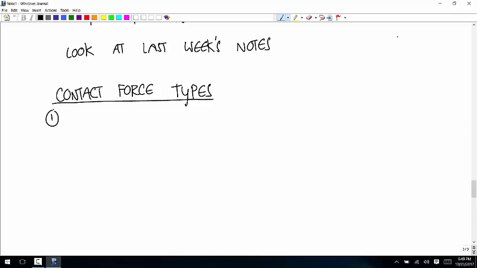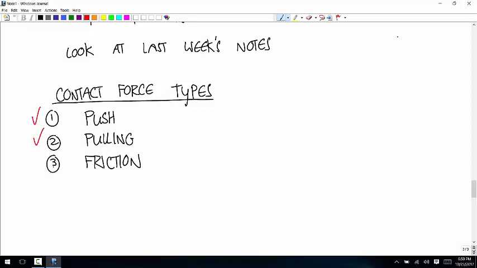So the first one is pushing. Second one is pulling. And the last one is friction. I haven't talked about friction yet. So we've done both of these now, and now we're going on to the last one, friction.